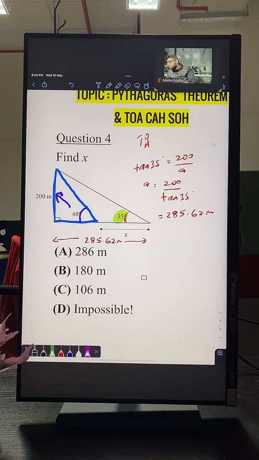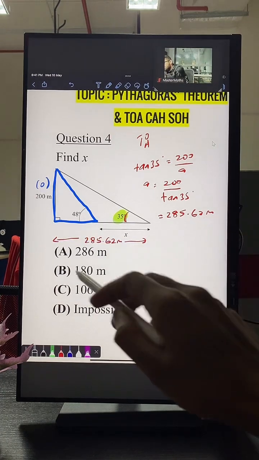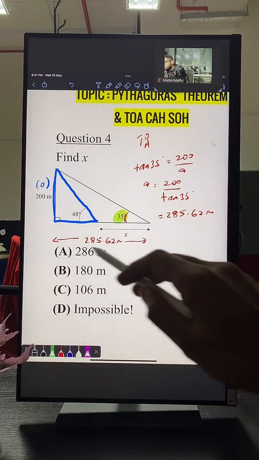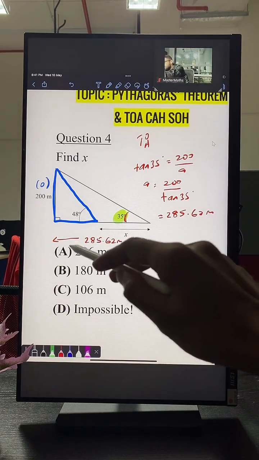Okay, those who just joined, we are doing TOA CAH SOH, by the way, a revision for secondary E-Maths. Opposite is 200, very nice, and it will be helpful to find the adjacent, because once you find the adjacent length, which is A, you can take 285.62 minus this to get X. Again, you got the whole thing already. We just found the whole thing.